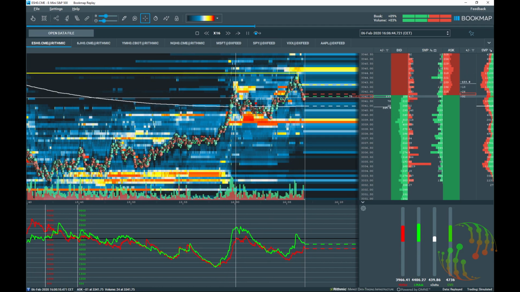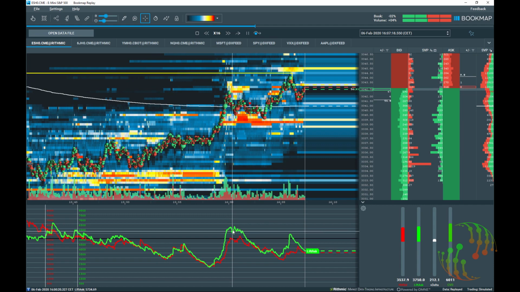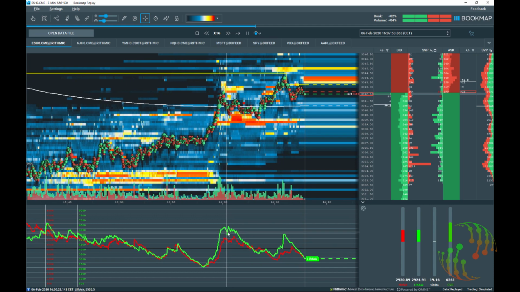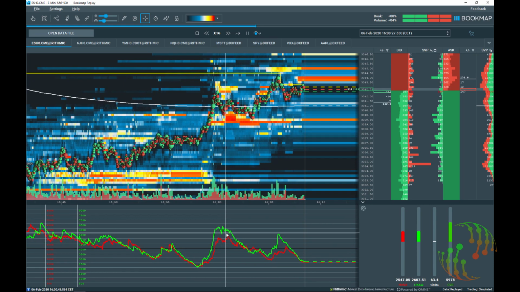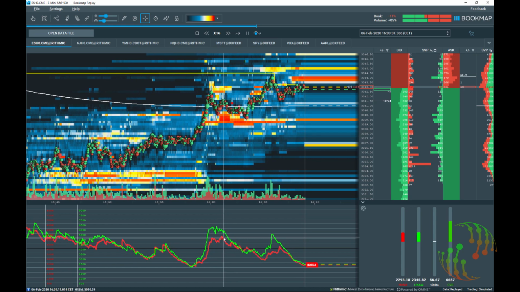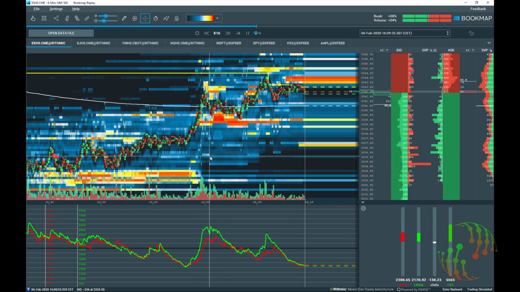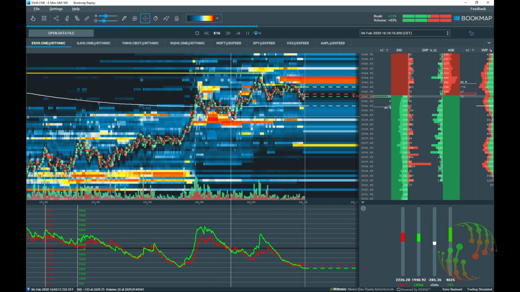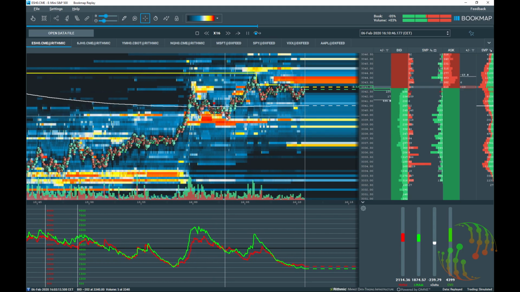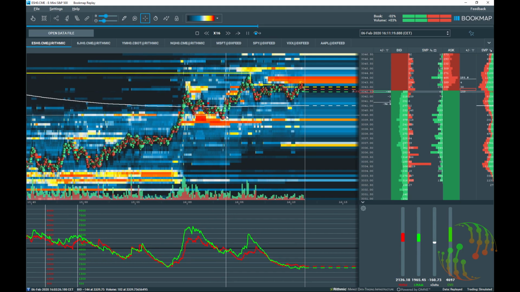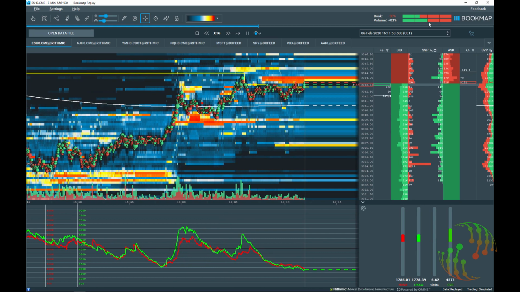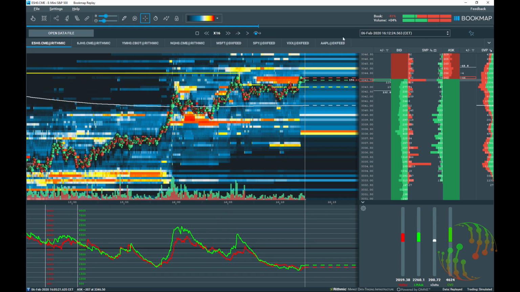Maybe you are invested, and when you see these differences, you should be alerted, and that means maybe closing your trade, or trailing your stop, or making your stops a little bit closer. You also see very clearly that now the pressure is on the ask side.